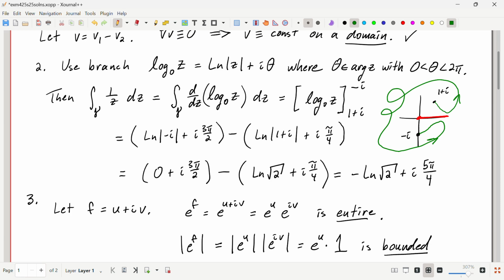That would mean the angle would go from 0 to 2 pi. So as you go along this direction, the angle would be 0, and after you go all the way around, the angle would be going to 2 pi on this side. Which means right here at 1 plus i, the angle is pi over 4. So I'm going 0 to pi over 4. I keep going around, and here the angle would be 3 pi over 2.